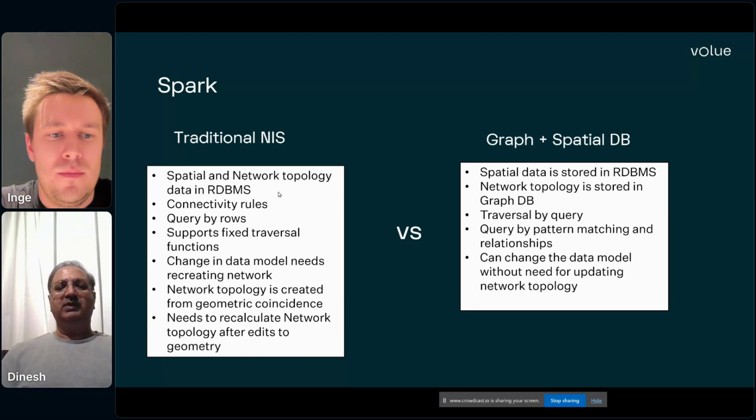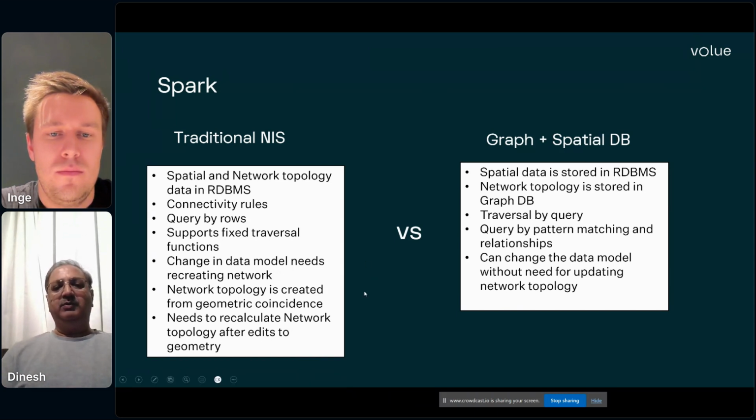These are the things that the traditional NIS provides, all the information that we need, but at a cost. It is quite slow because whenever we make any changes in the data model, you need to recreate the network and rerun the analysis, which is very time consuming.